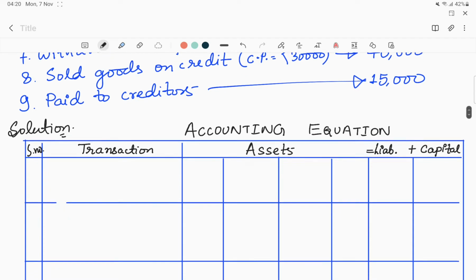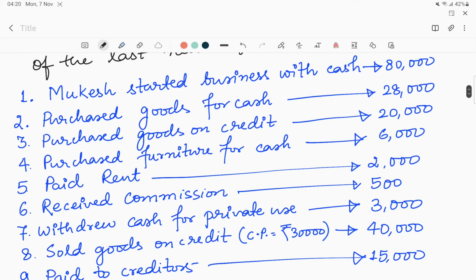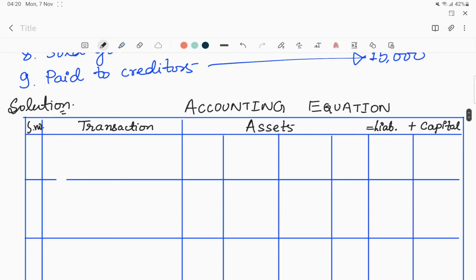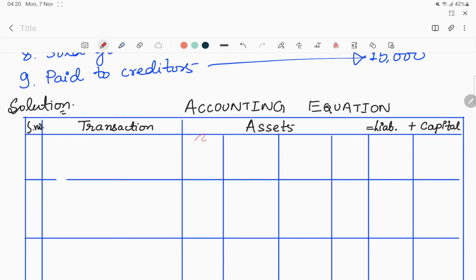So let's see. The first transaction is that Mukesh is starting his business with cash of 80,000 rupees. So obviously here 80,000 is in the cash form, so it will go on the asset side as cash and on the capital side as capital. So we can write here cash, and in assets we are seeing some stock also.